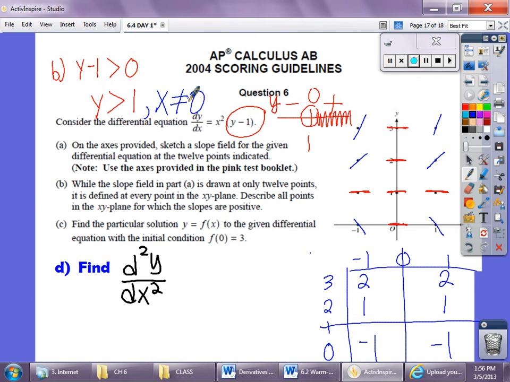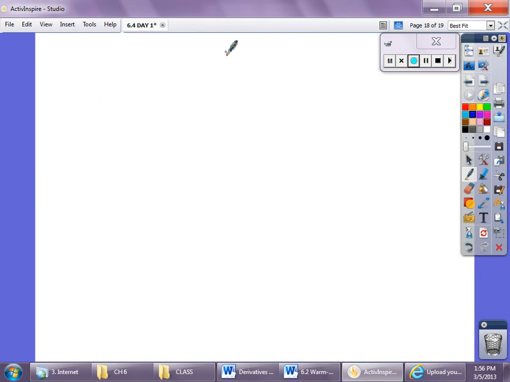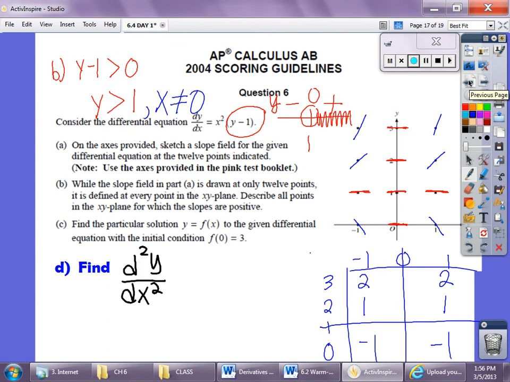Part C, particular solution. I'm going to actually go over to the next page, and it was f of 0 equals 3. The differential equation is dy/dx equals x squared times y minus 1.